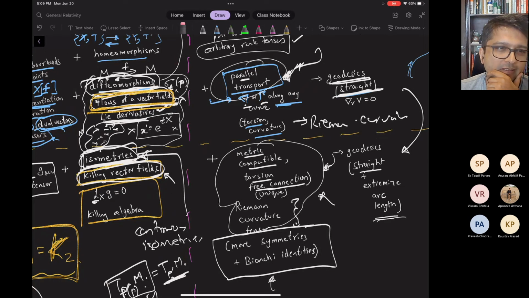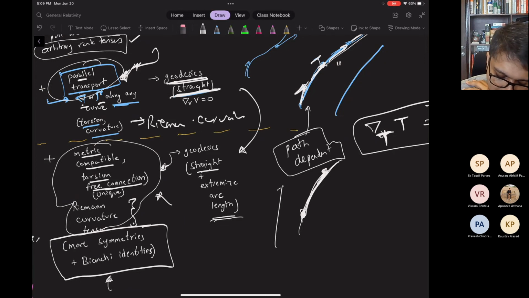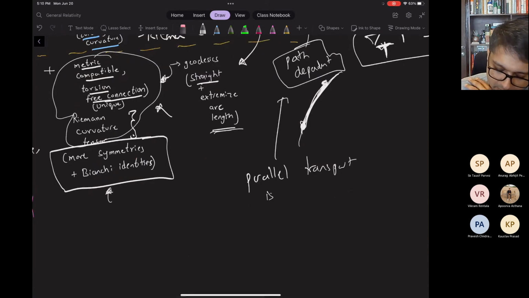And the other thing is that this notion of parallel transport is path dependent. In general, parallel transport is path dependent. So you have to specify the curve along which you're parallelly transporting, in general.